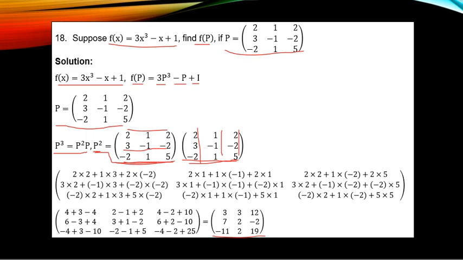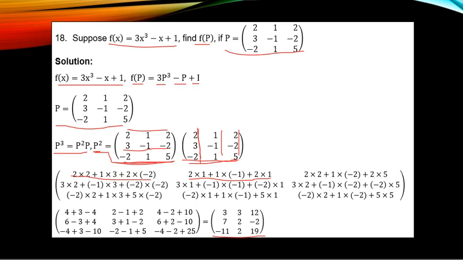So the first row times the first column, you have this result here. Then the same first row times the second column, you have this result, element by element, that is 2 times 1, 1 times minus 1, then 2 times 1.